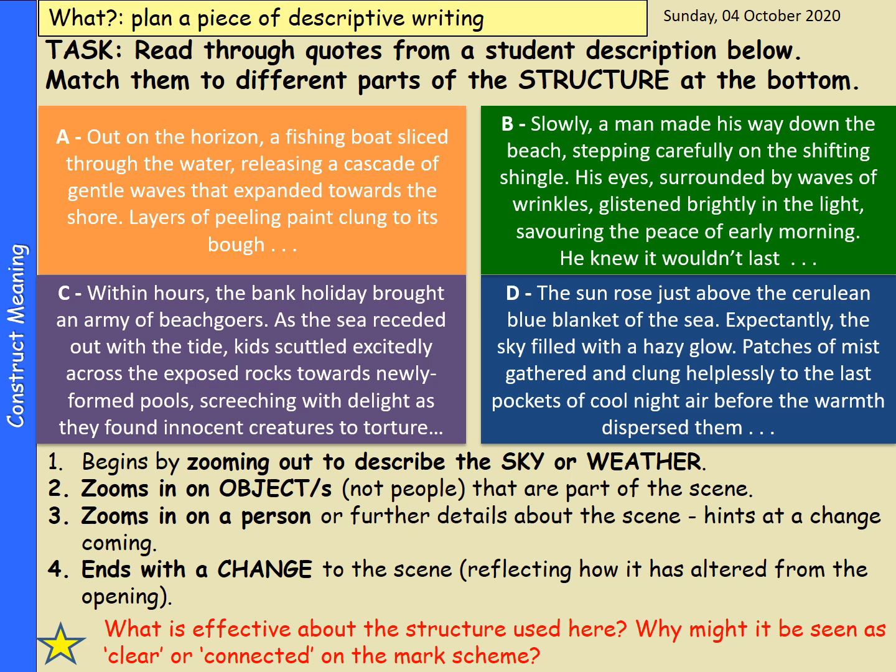And then number 4 ends with a change to the scene. So it has to have changed from the opening. So it's peaceful at the opening. Let's see what they've done here. Okay, so this change, it looks like, you know, the quiet beach that only had maybe 1 or 2 people walking a boat here and there is now eventually within a matter of hours filled with people. And they've introduced the fact that it's a bank holiday.